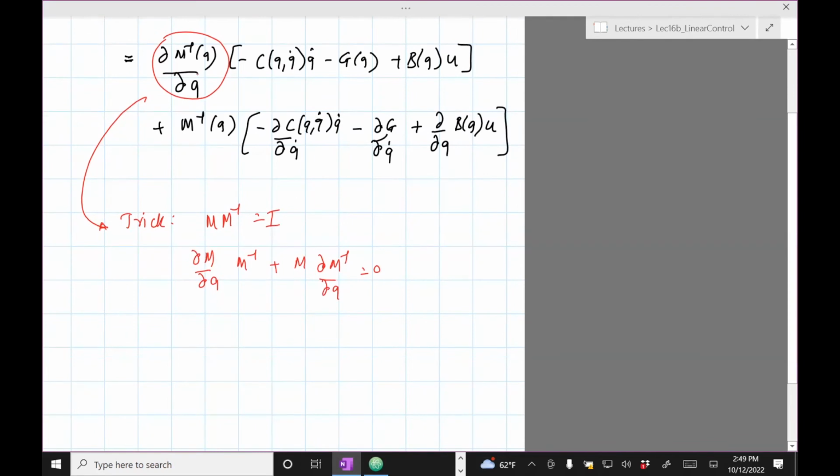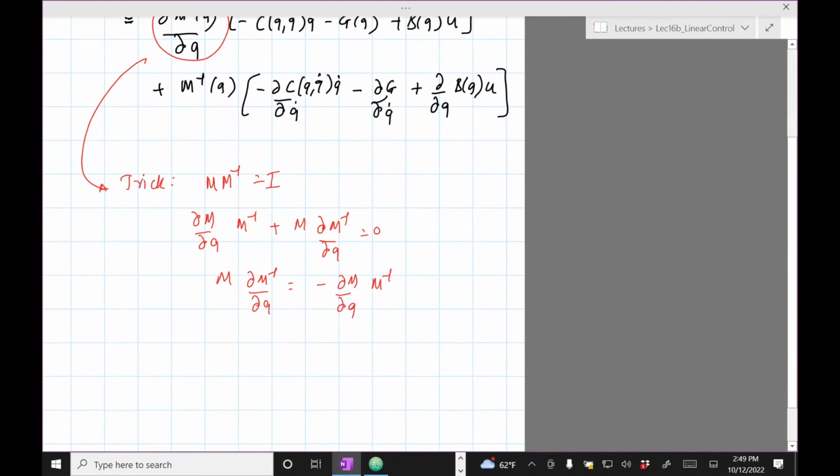So now we can move things around. Okay. And now what we'll do is we'll pre-multiply with M inverse.